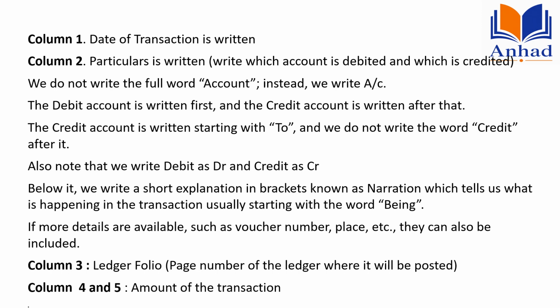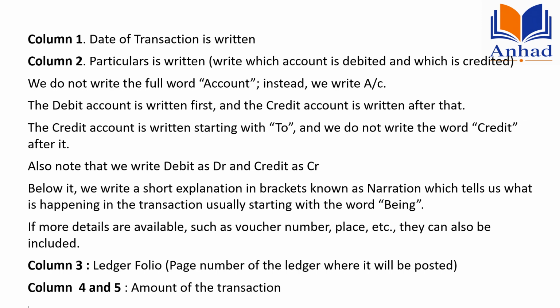We do not write the full word account; instead, we write A/C. The debit account is written first, and the credit account is written after that. The credit account is written starting with 'To', and we do not write the word credit after it. So, the particulars will be written as cash account DR. And in the second line we write to capital account.